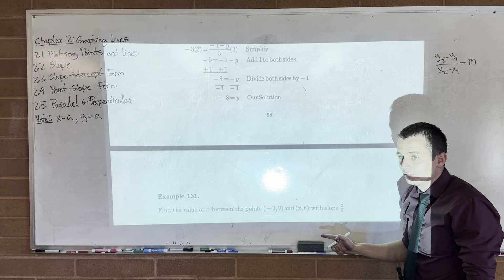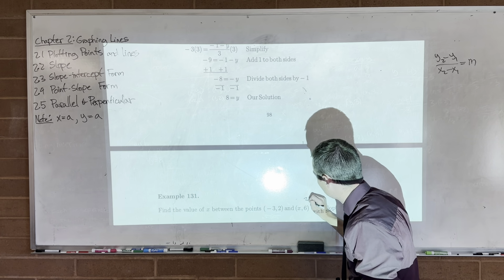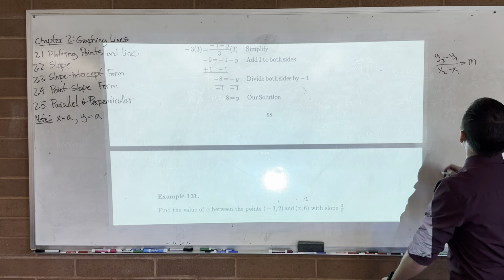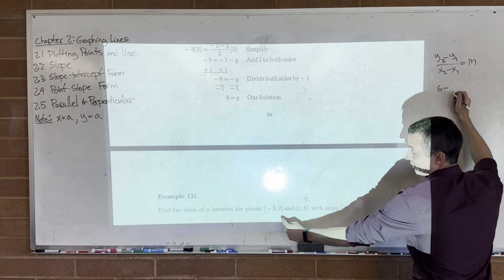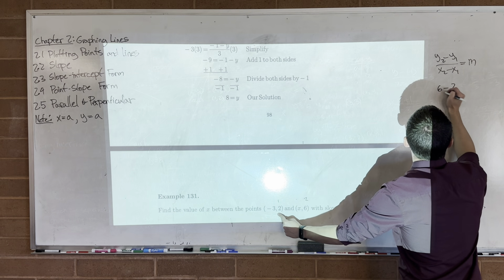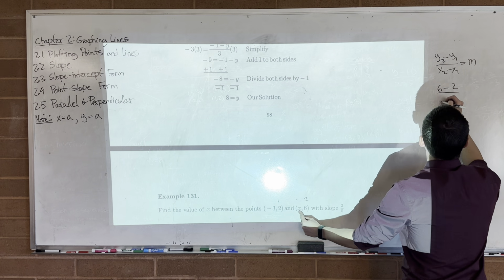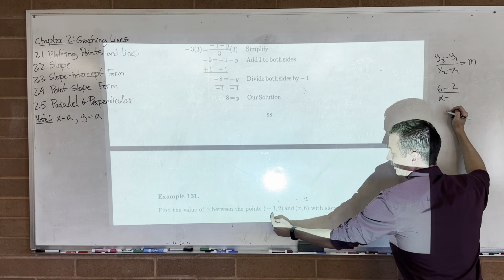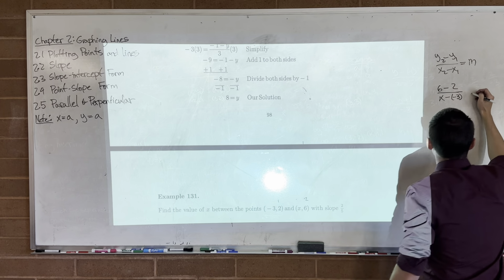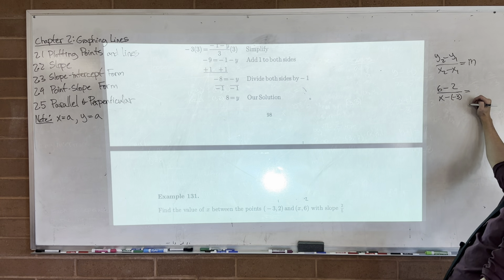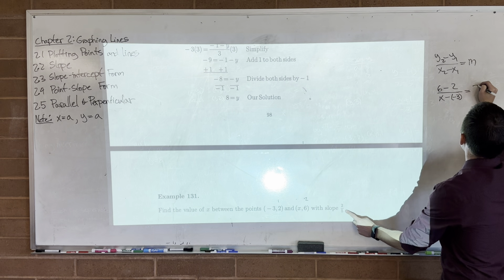Like the last one. Okay, so this will be our 2's, this will be our 1's. So we have y2 minus y1 over x2 minus x1, and this is all going to be equal to 2/5.